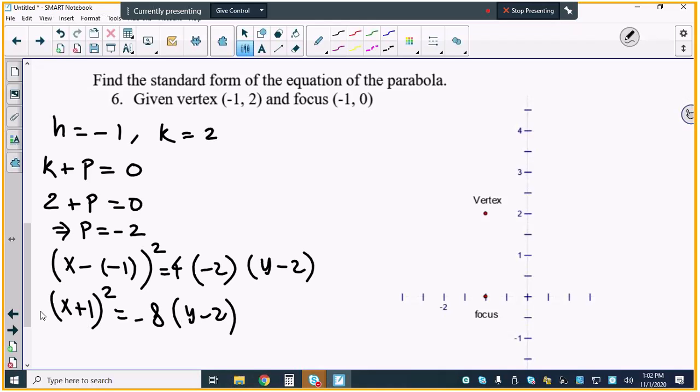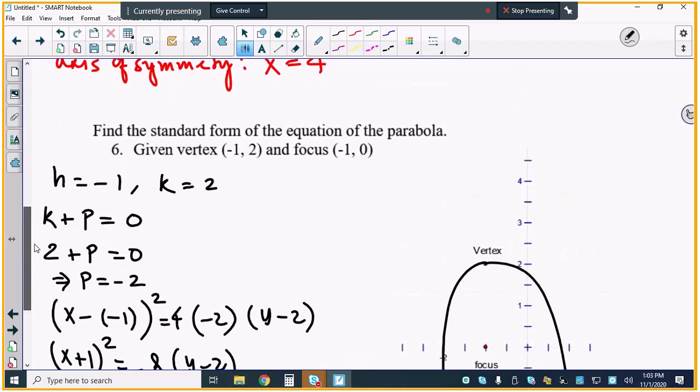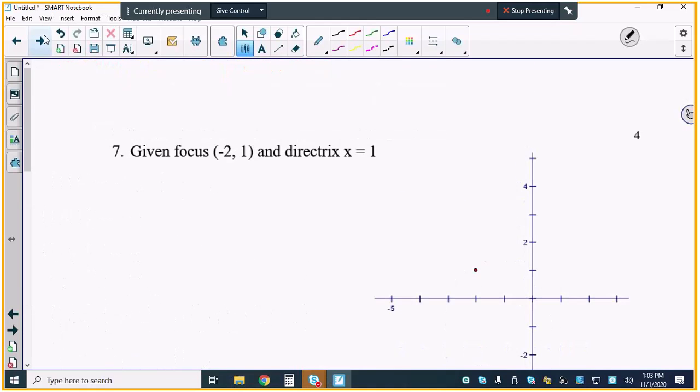And see, it's negative p, so the parabola must open downwards, and it makes sense. The axis of symmetry is vertical, the focus is at the point (-1, 0), and the vertex is at the point (-1, 2). So that answers my question.